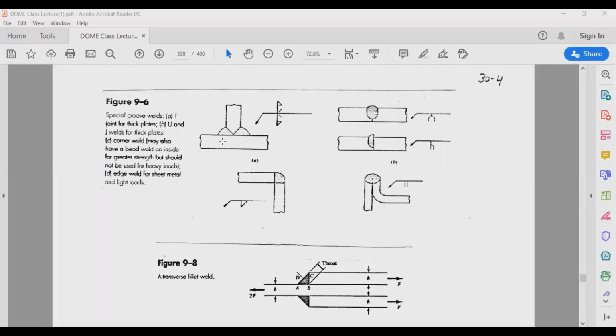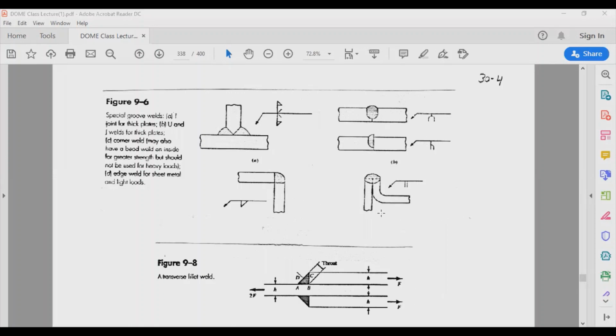All right, so regarding the welding of different types of plates, for thick plates usually it's recommended to use this type of welding, or this is called a U joint or a J joint, and these are typically used for thicker plates, either this configuration or these two configurations.